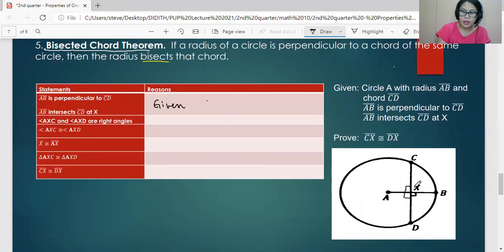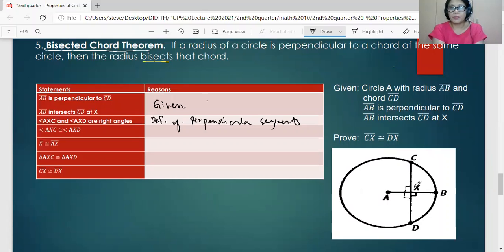Why are they right angles? Because the two line segments are perpendicular. So this is about the definition of perpendicular line segments.